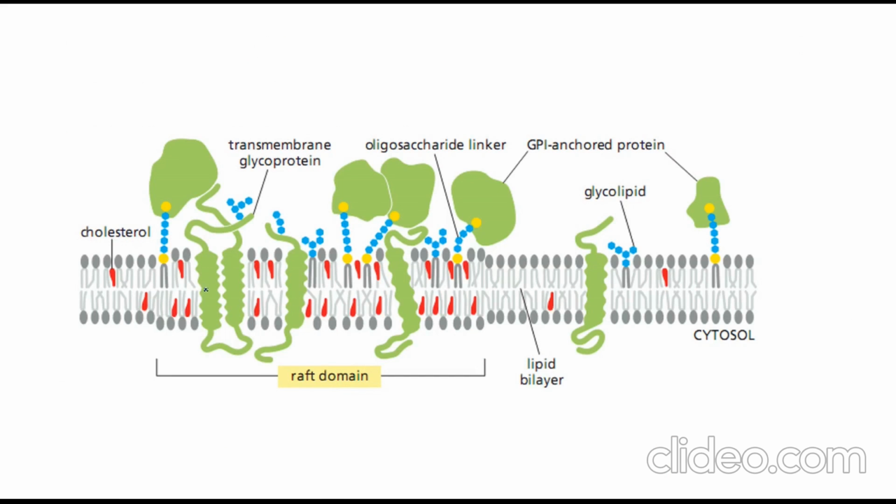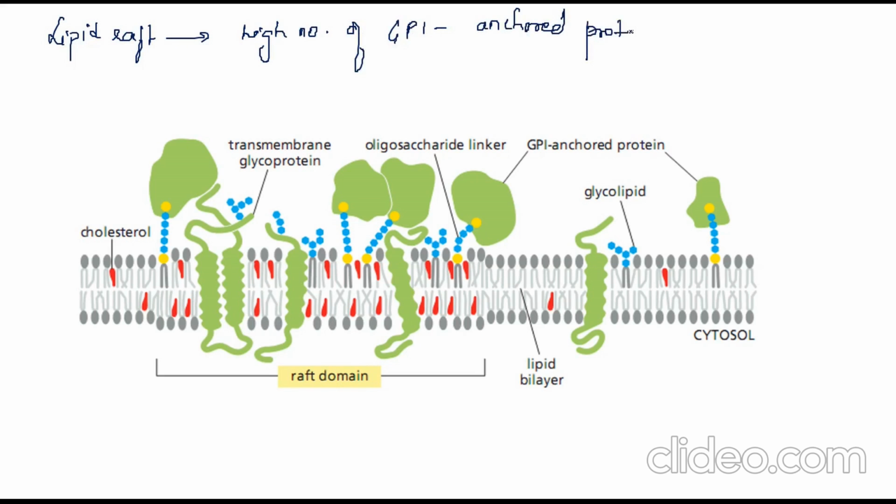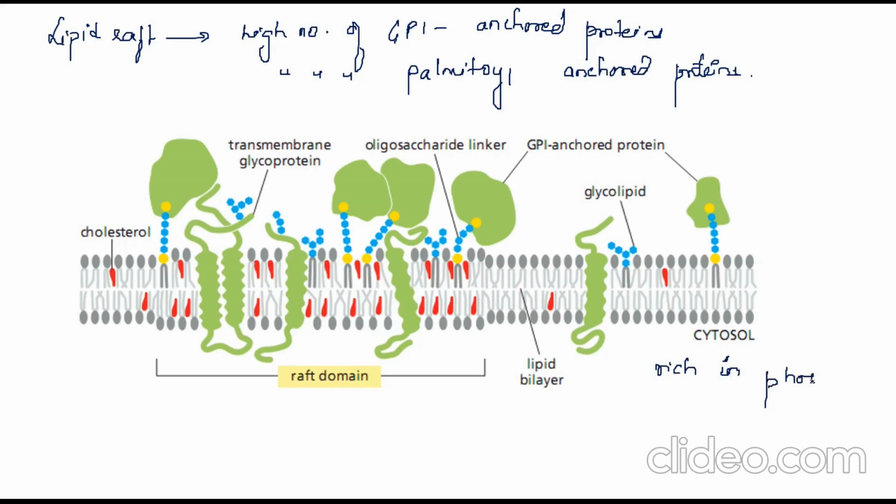Now these lipid rafts contain a high number of GPI anchored proteins as well as palmitoyl anchored proteins. In this picture you can see the neighboring microdomains are rich in phospholipids.